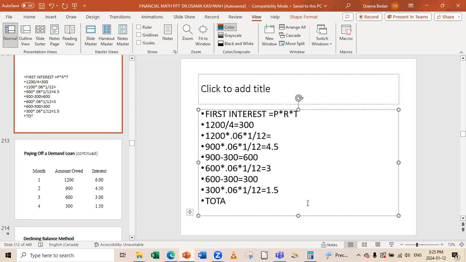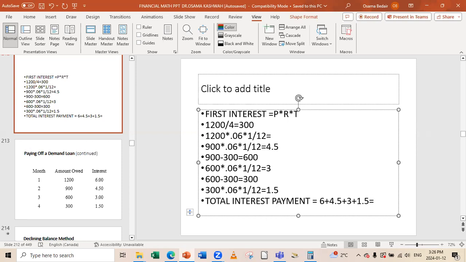The total interest payment will equal the $6 here plus the $4.50 plus the $3 plus $1.50. 6 and 4.5, 10.5, 13.5, and then 15.